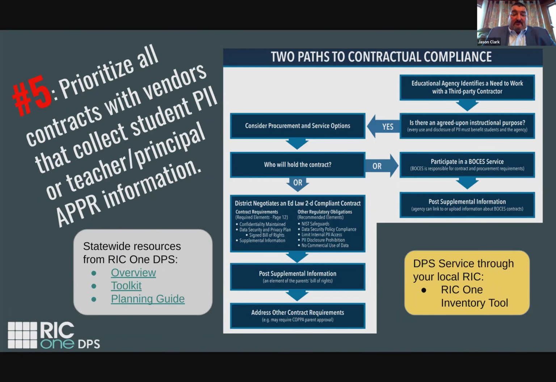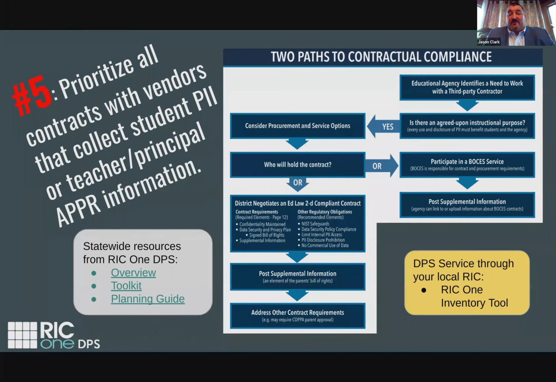Under Ed Law 2D, there are only two ways for vendors to be compliant with the law. If you have vendors reaching out to you and they say, oh, don't worry, we're Ed Law 2D compliant, no problem, there is no way for a vendor to make themselves Ed Law 2D compliant.